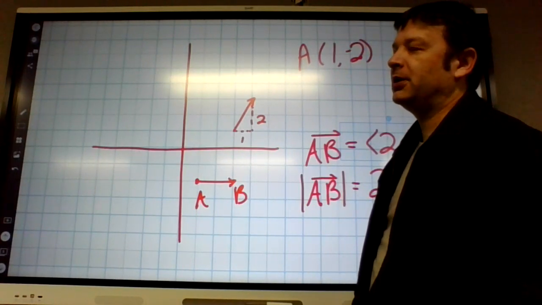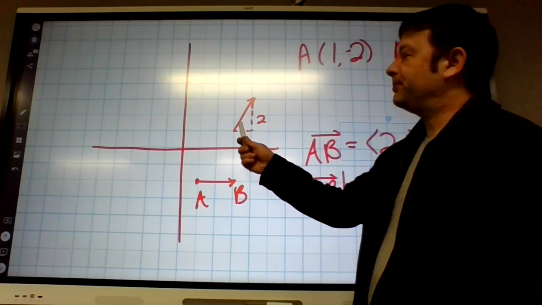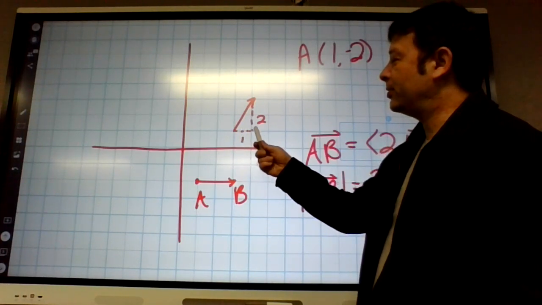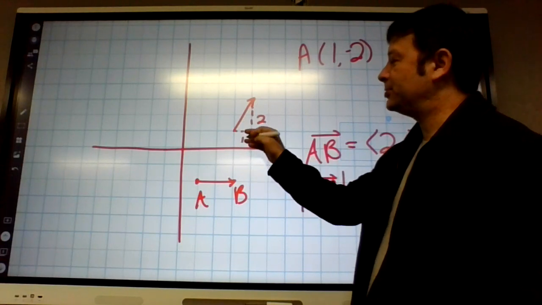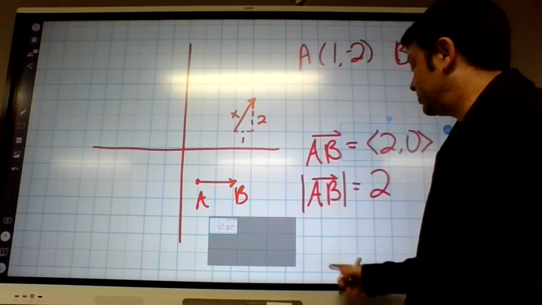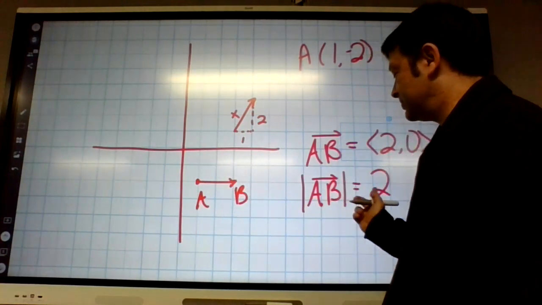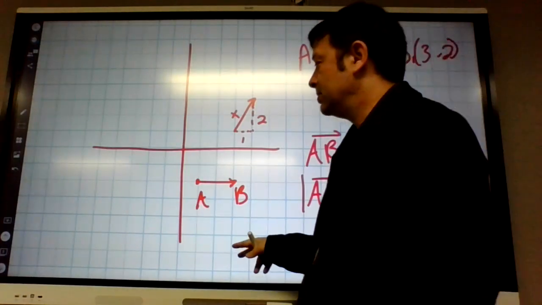Pythagorean theorem, right? If you go 1 right, 2 up, that makes a little right triangle, so you can use the Pythagorean theorem to find the vector length. So that's what we'll be doing for most of these. Although in this case, it's just a straight line, so it's just 2 and 1, 2 and 1. All right.